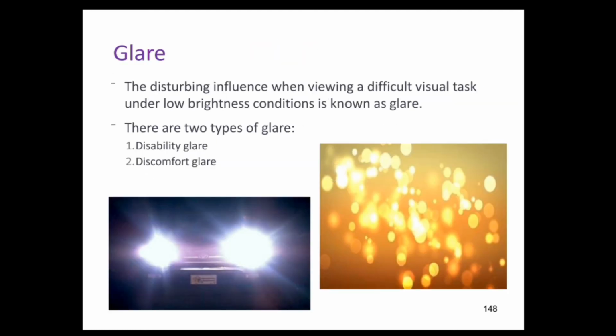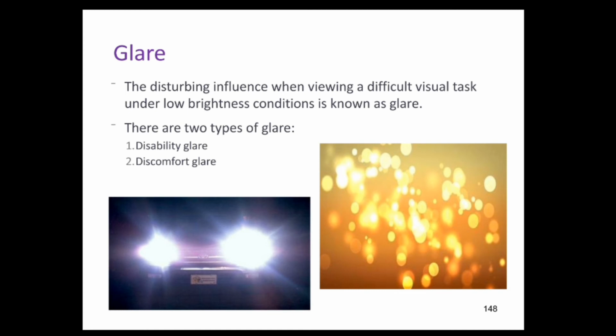Now, glare will have a disturbing influence when viewing a difficult visual task under low brightness conditions, and it basically has two types. First is the disability glare and second is the discomfort glare.